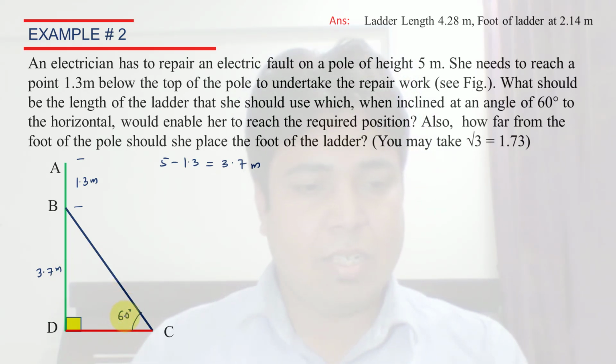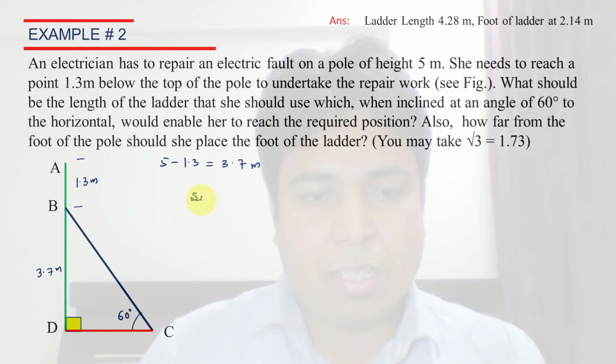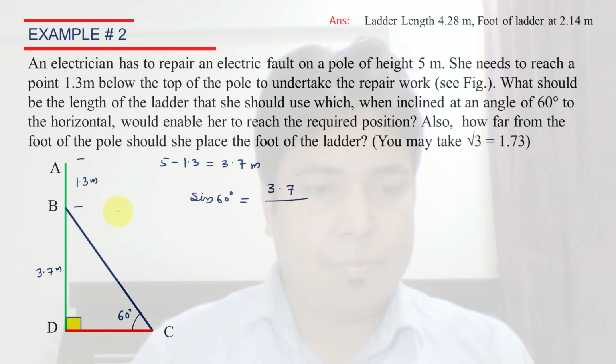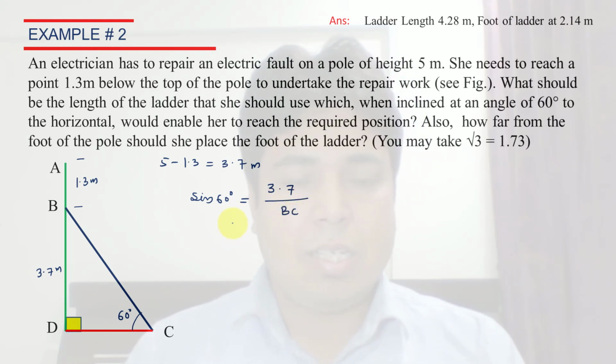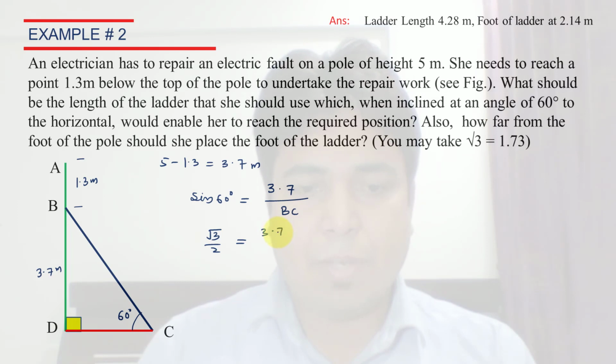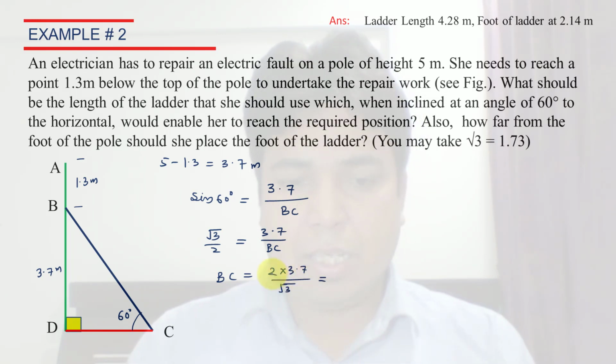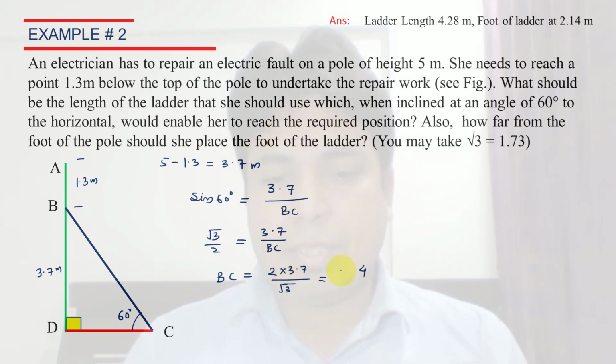We know the relation, sine 60 degree is equal to perpendicular upon hypotenuse, that is 3.7 upon BC length, and sine 60 degree is root 3 by 2, that is equal to 3.7 by BC, and hence BC length is equal to 2 into 3.7 upon root 3, that is 7.4 upon root 3.